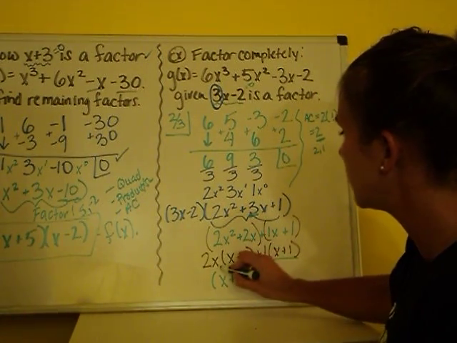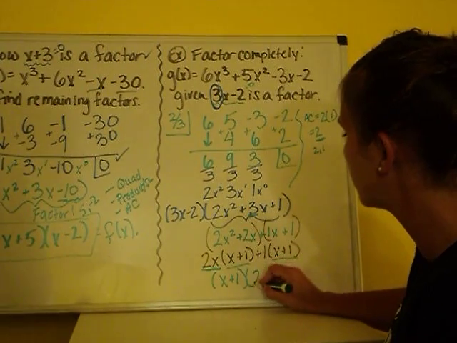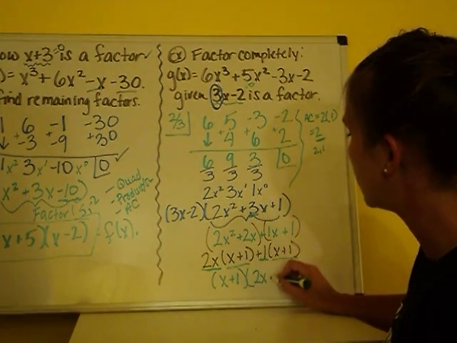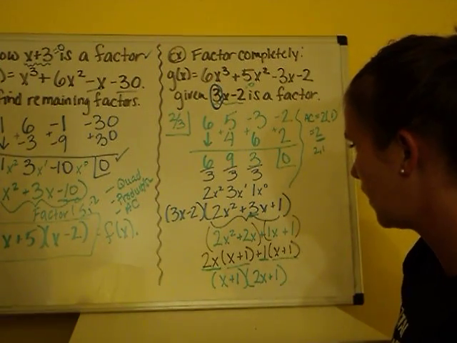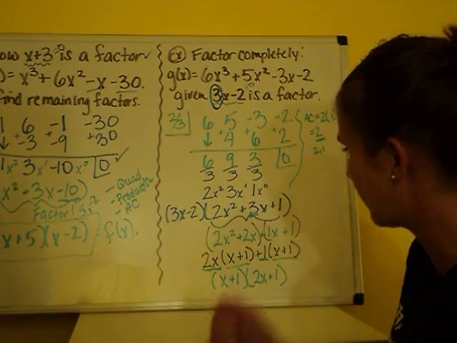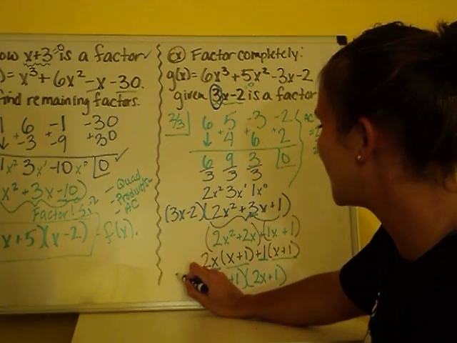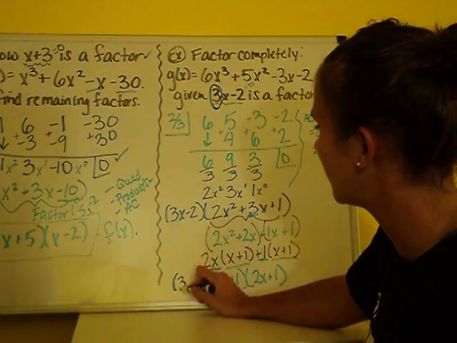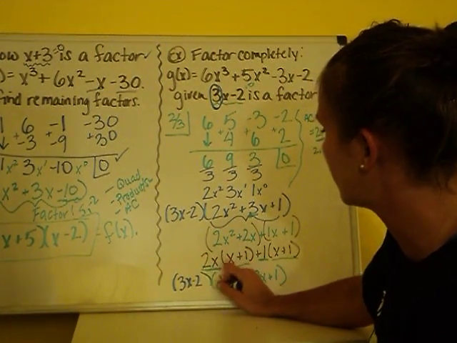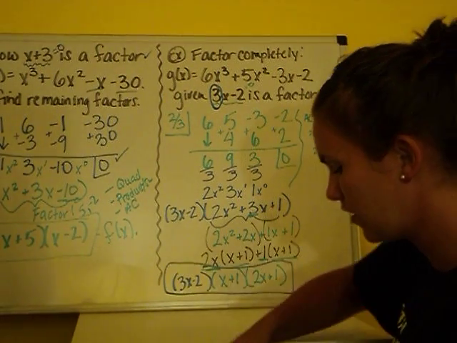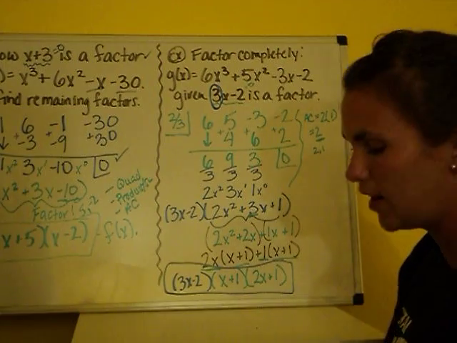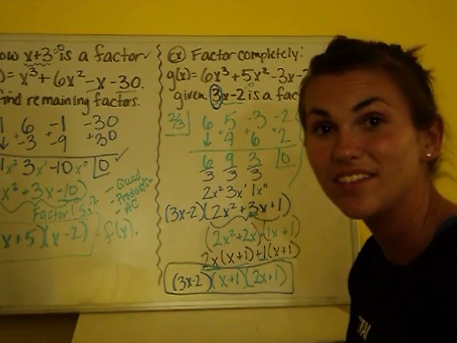And my leftovers are 2x plus 1. Okay? And those are the factors of the polynomial. Then you also have this guy from up here that was given. Okay? So this is our answer. Alright, that is the end of section 4.